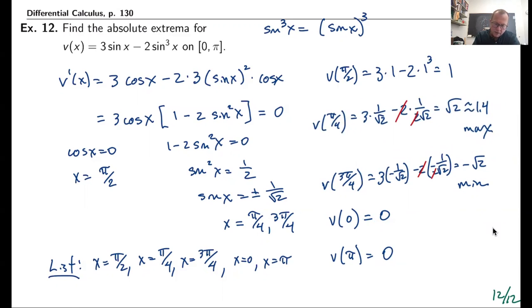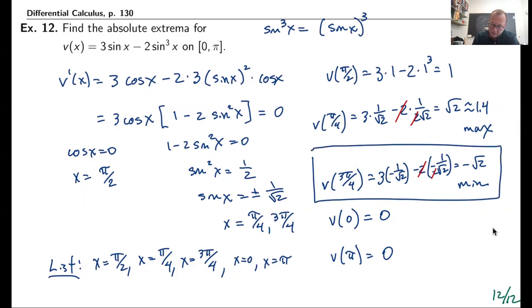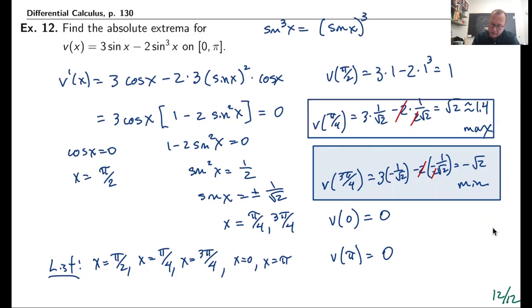Okay, so that is the kind of thing that we're looking to do on these. And sometimes it gets a little bit yucky because you have to check a whole bunch of points on it, but at least you're not having to come up with points. And you're not having to plug back into the derivative, you're plugging back into the original function, okay? So that's what we do on those.